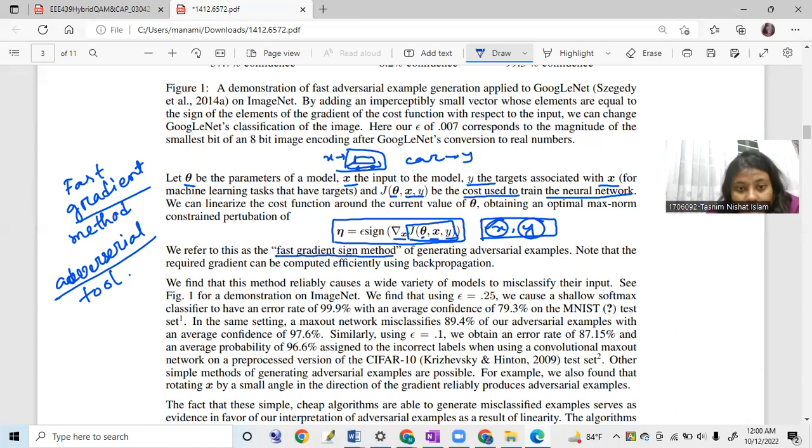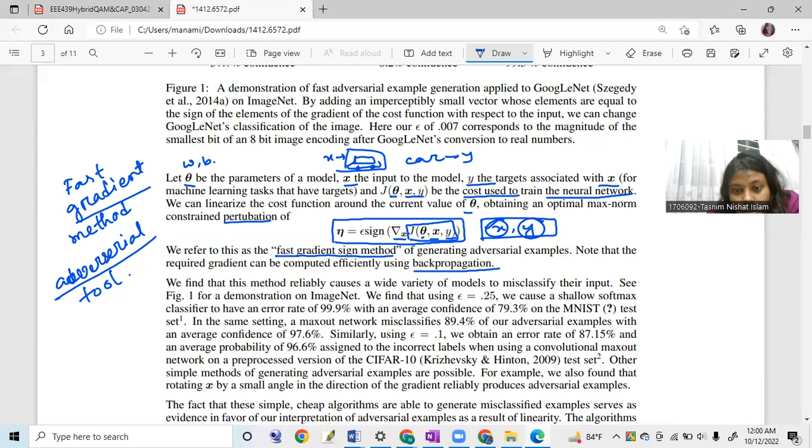We can linearize the cost function around the current value of theta. Theta is basically, you can say, the weights and biases of the neural network, if you are familiar with neural networks. Obtaining an optimal max norm constrained perturbation. Now, generating adversarial examples, note that the required gradient can be computed efficiently by backpropagation.